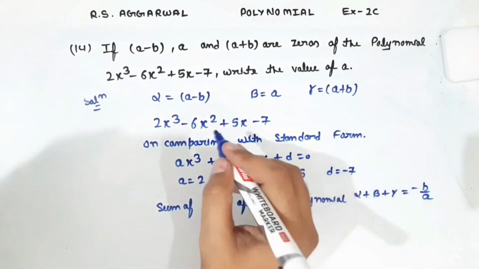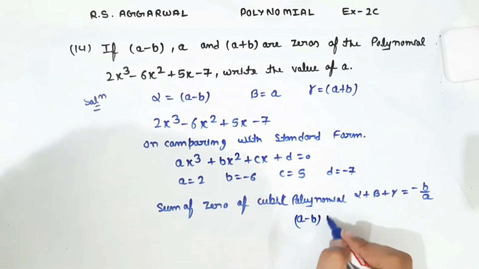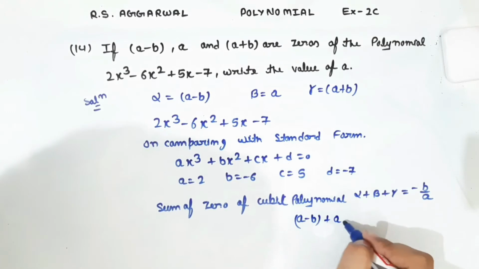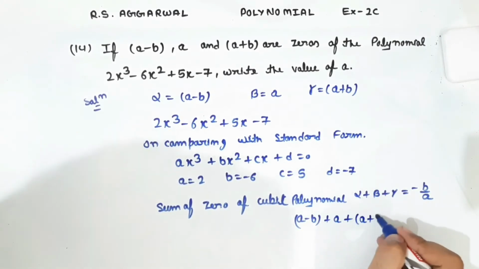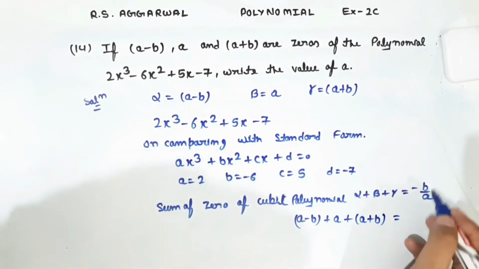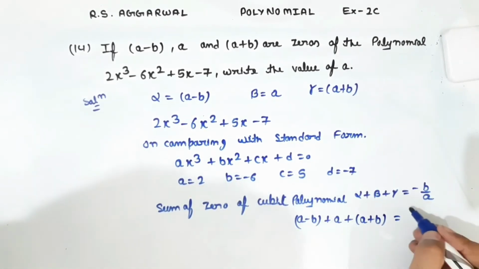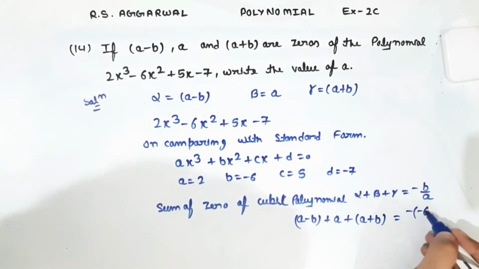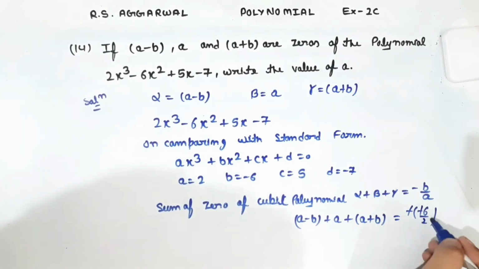So our alpha is a minus b, plus beta is a, plus gamma is a plus b, equals minus b upon a. So minus b is minus 6, so minus 6 upon a is 2. So minus and minus cancel out, and this will be cancelled out 3 times.